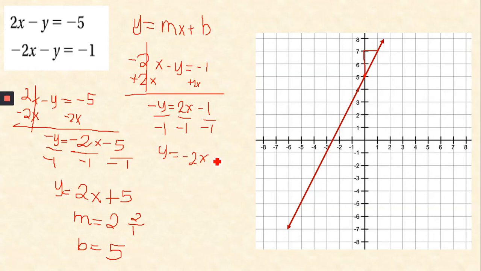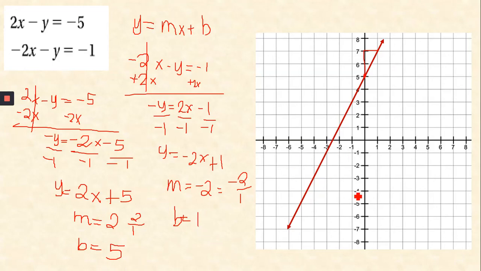Negative divided by negative, that will be positive 1. Okay? So from here, we can now identify your slope and your y-intercept. Your slope is the coefficient of x, which is negative 2. So you have negative 2 over 1. Your y-intercept is positive 1.